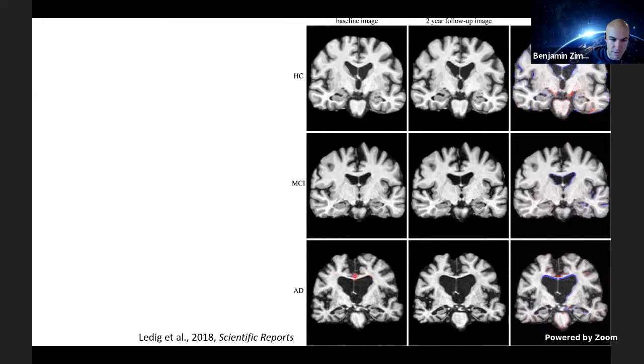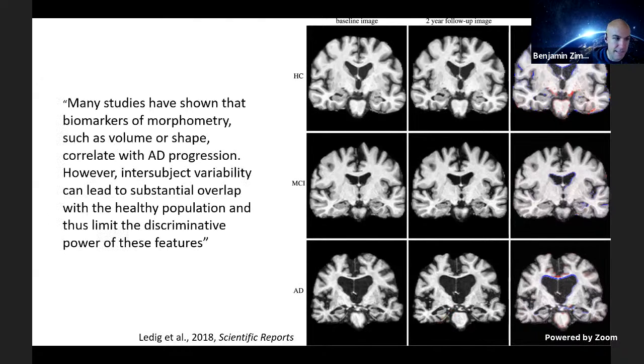You can see some visible differences with the Alzheimer's disease patient. There's more atrophy near the ventricles, these areas here. And in the structure called the hippocampus, there's more atrophy down here. But in this paper, they actually say in their own words, many studies have shown that biomarkers of morphometry, such as volume or shape, correlate with Alzheimer's disease progression.